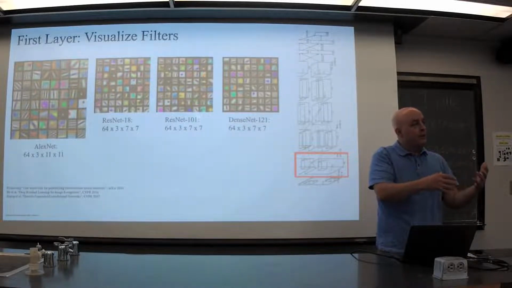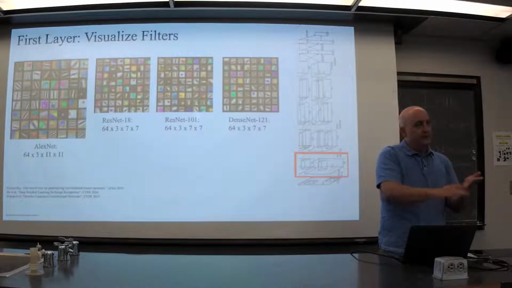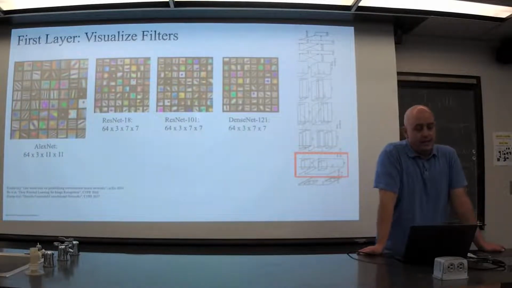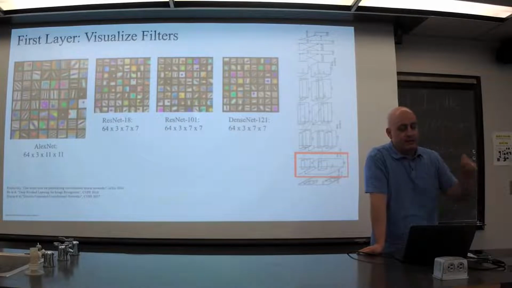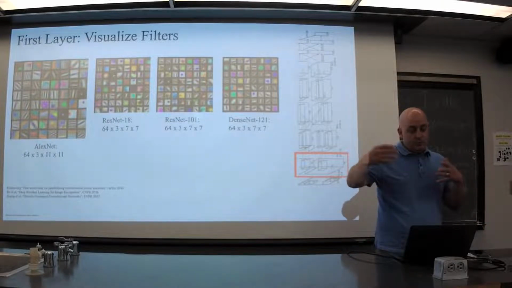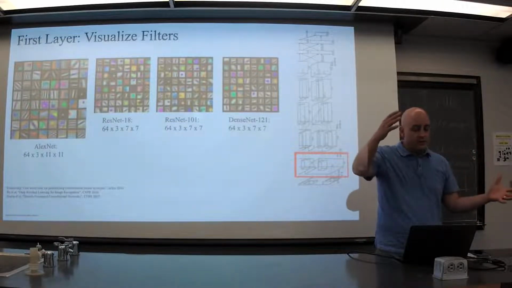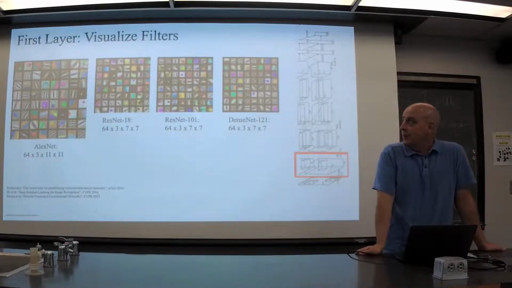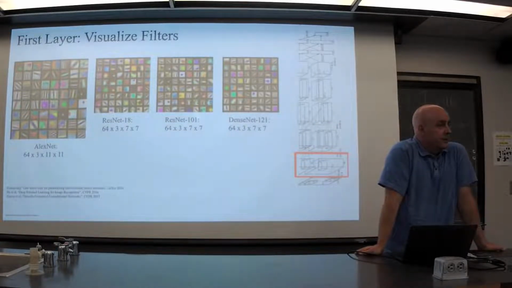You have 3 filters, 3 channels in this convolutional layer, and those should correspond to red, green, blue, because they're convolved with those particular channels in the input. Whichever architecture you have, there's going to be a certain number of those. You can take each one and just render it as a regular old 3-channel RGB image. And we looked at these before.